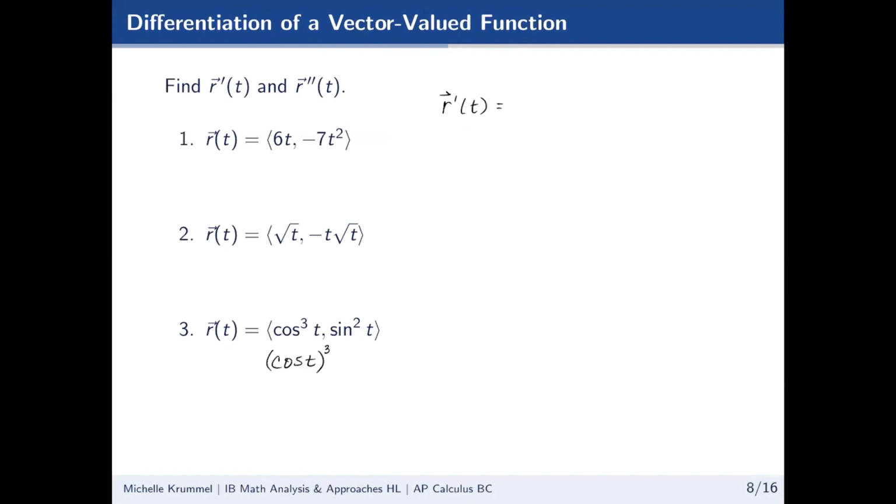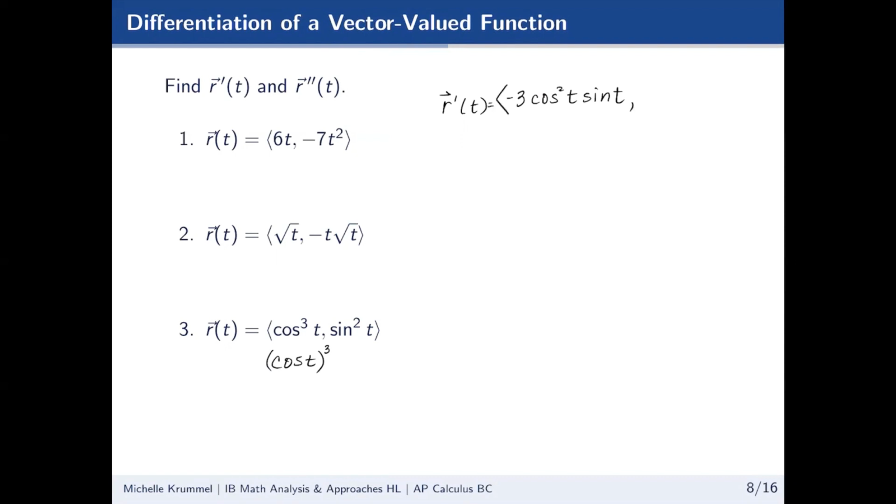When you take the derivative of stuff cubed, you get 3 times stuff squared times the derivative of the stuff. So we need 3 cosine squared t times the derivative of cosine t, which is negative sine t. And that is our x component.